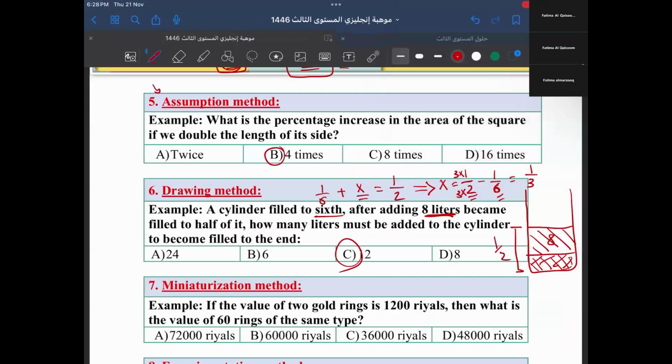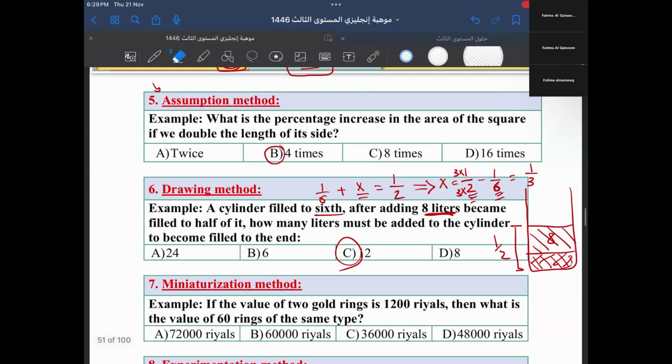On how did we get 3/6? Yeah, so here we said that we have to multiply the denominator and the numerator to have a unified denominator to do this equation.